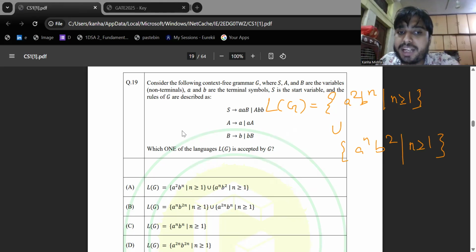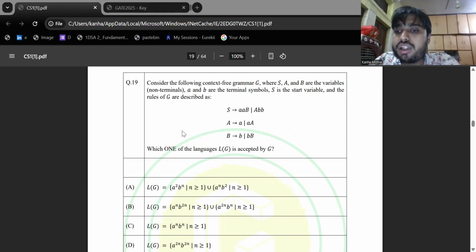So let's try to match the options now from the given example. If you observe carefully, option A is actually matching with this. So the correct answer of this particular question is option A. That's it for this particular video. Till then, take care. Bye bye. See you guys in the next video.